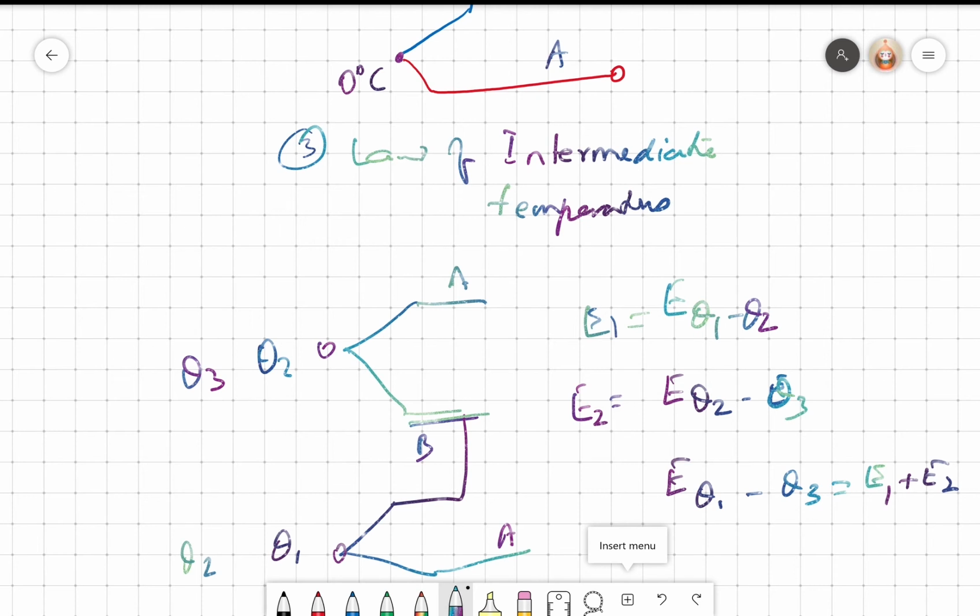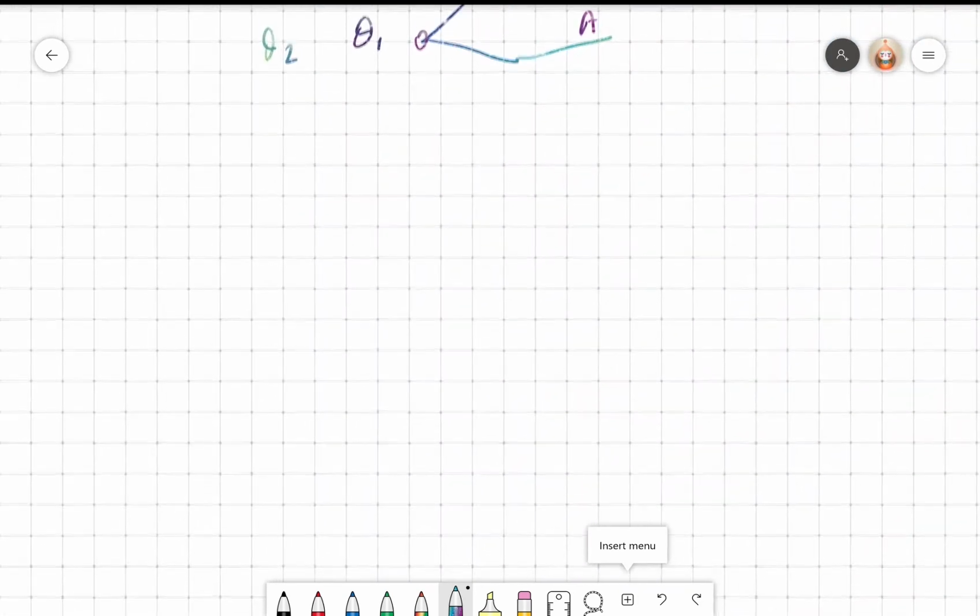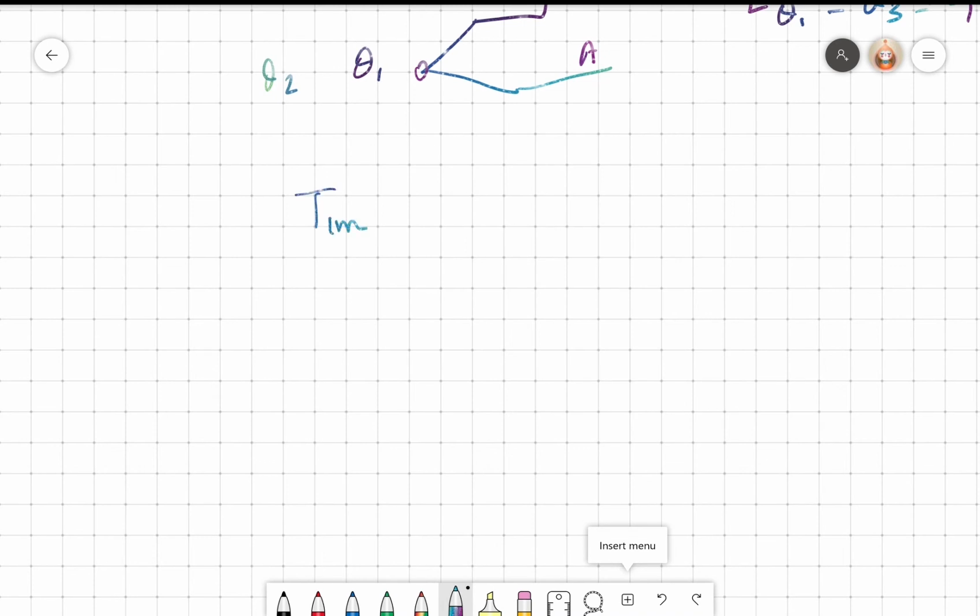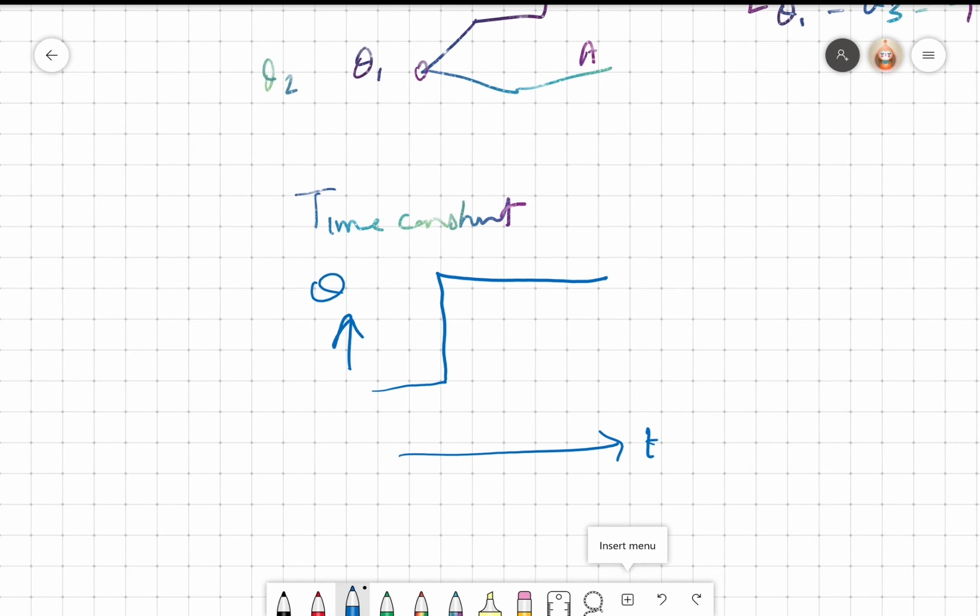By and large, thermocouples are very useful. The reason is, if you look at any other type of temperature measurement, every other type requires a large time constant. The time constant of a device we already know: if I put in my temperature, this is time, this is theta step, the output of any measuring device will have a time constant, right?